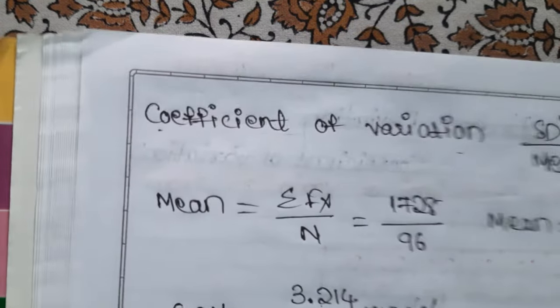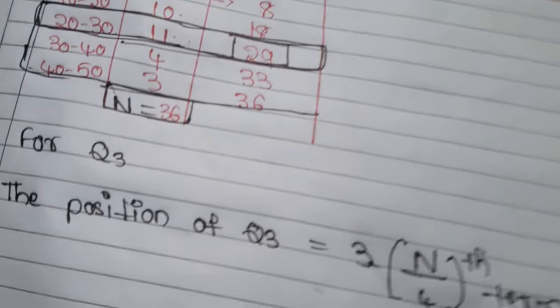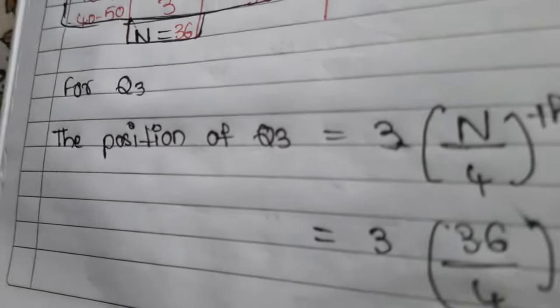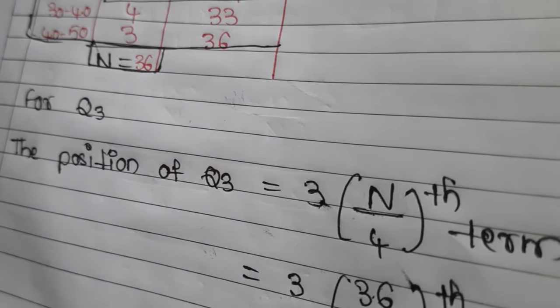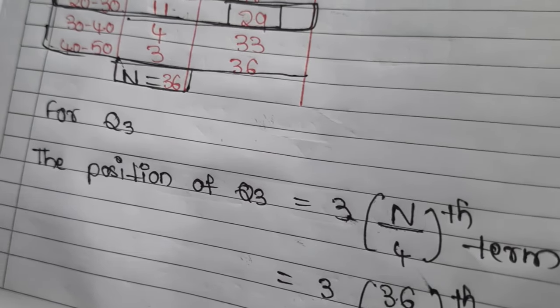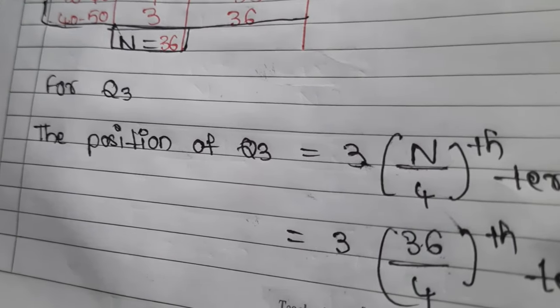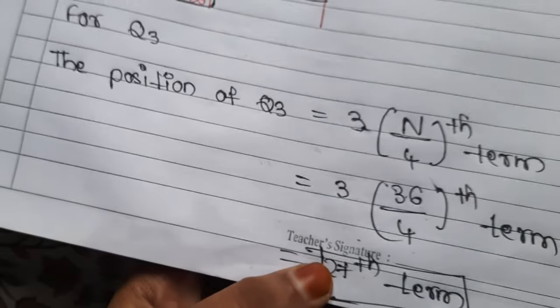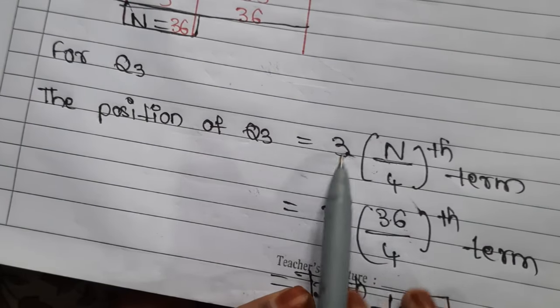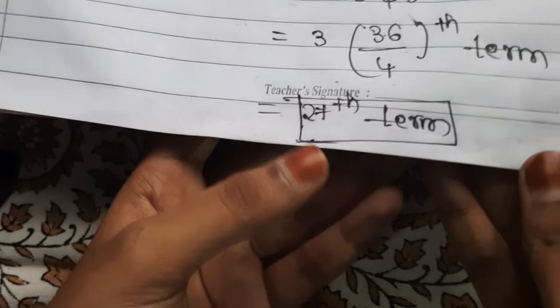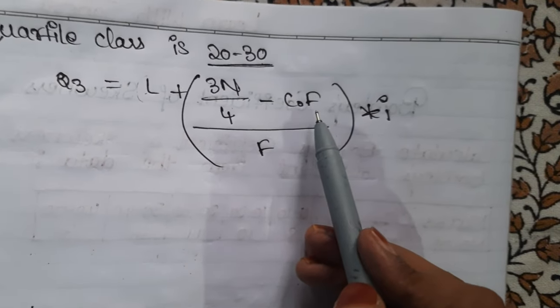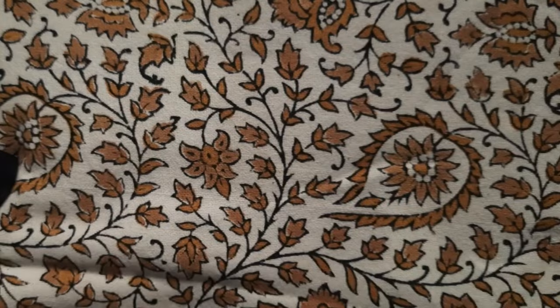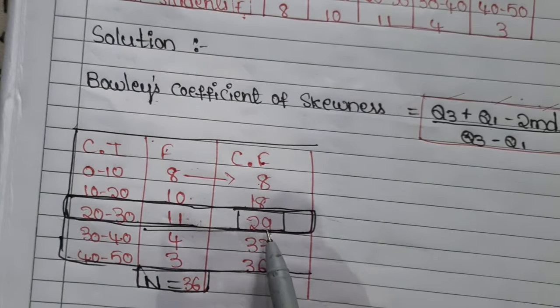3n by 4, we have already found. 3n by 4 is nothing but the position of Q3. The position of Q3, 3n by 4, is 27. So we need to take 27 here. Then cumulative frequency. Here we will not take this one, 29.